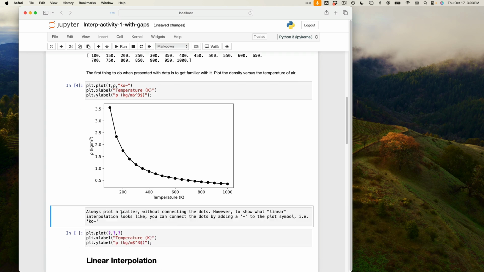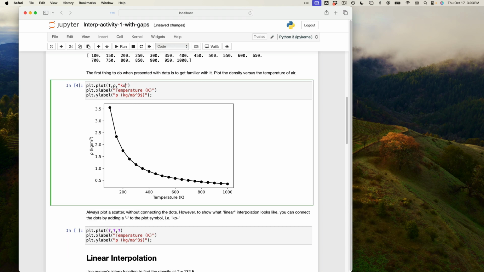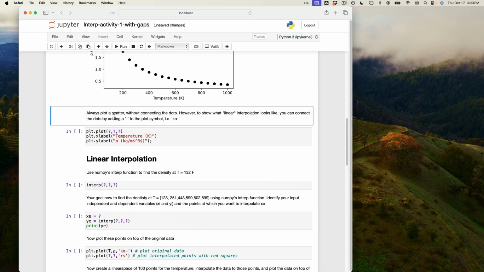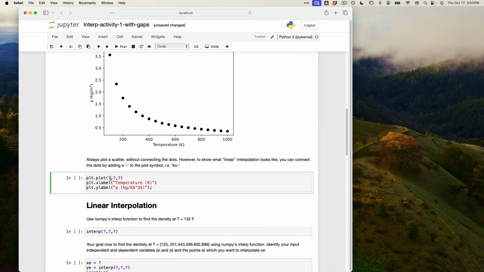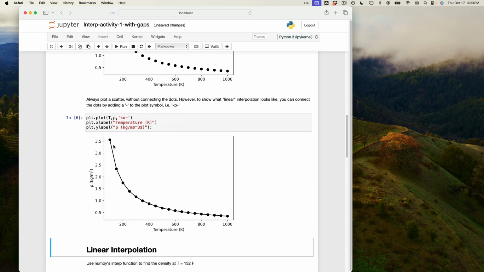I say here, always plot a scatter without connecting the dots. However, to show what linear interpolation looks like, I guess I repeat myself every year. I'm going to do the same thing, T and rho, and then I'm going to put K, O, and dash. This is actually what linear interpolation would look like.